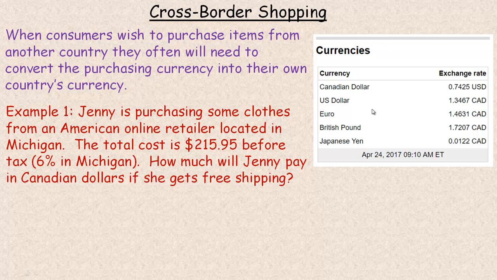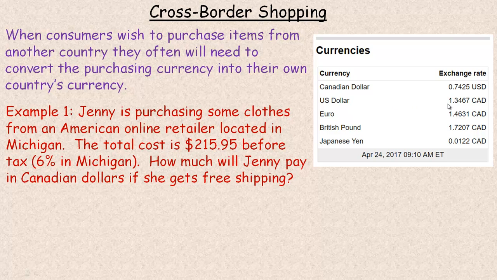So this table here on the right listed the currencies, the exchange rates when I started to make up this presentation a couple of days ago. So on April 24th, 2017, 9:10 a.m. Eastern, these were the exchange rates. So this means that a Canadian dollar was worth 0.7425 US dollars. Or it would take 0.7425 US dollars to make 1 Canadian dollar.